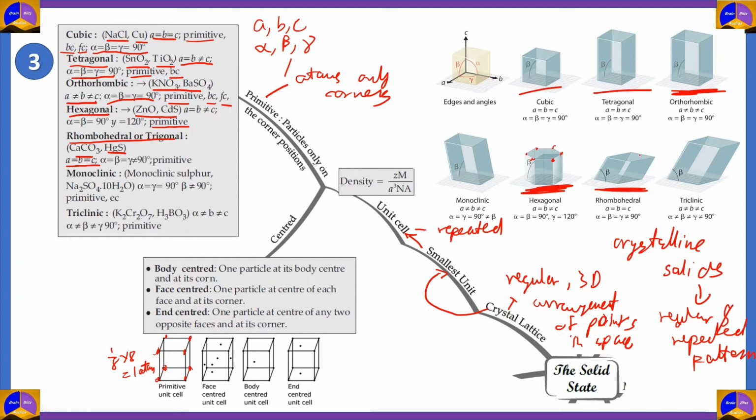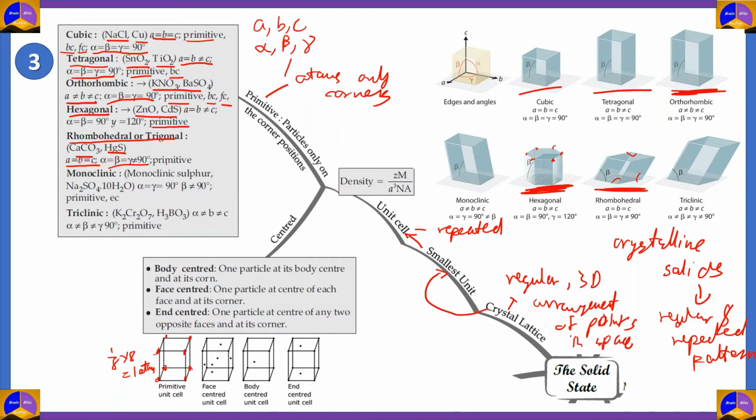So this looks kind of like a rhombus because the angles, while they're equal, are not equal to 90 degrees. In a cubic, all of the angles are equal and all of them are equal to 90 degrees. Here, all of the angles are equal, however, they're not equal to 90 degrees. They are of a different angle, but all of the angles are the same.